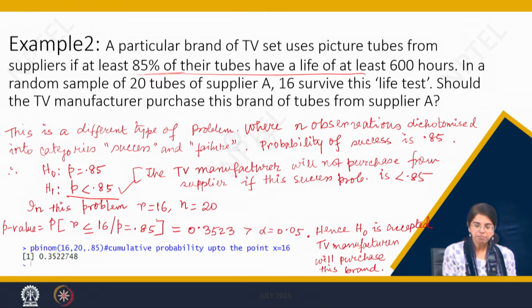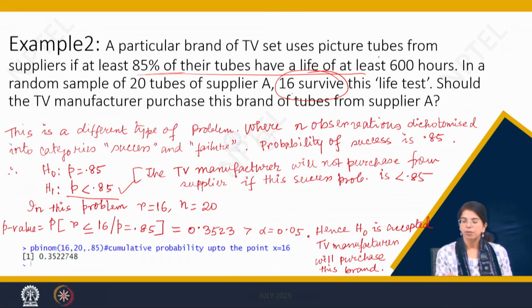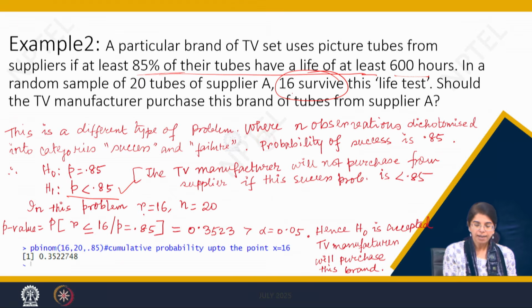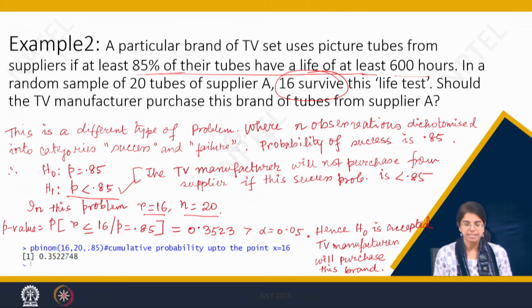Now, in this problem R is 16, the number of positive signs, because 16 already survived, that means 16 tubes have a life of at least 600 hours. Clear? So, R is 16, and the total number of trials is 20 because 20 observations are taken.